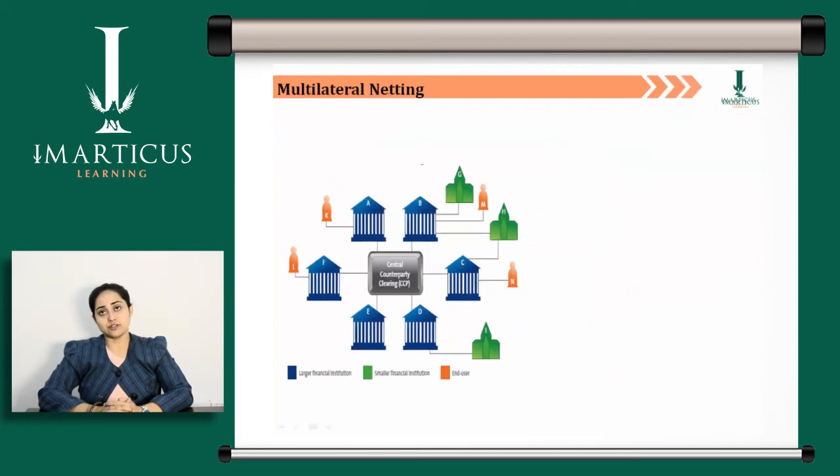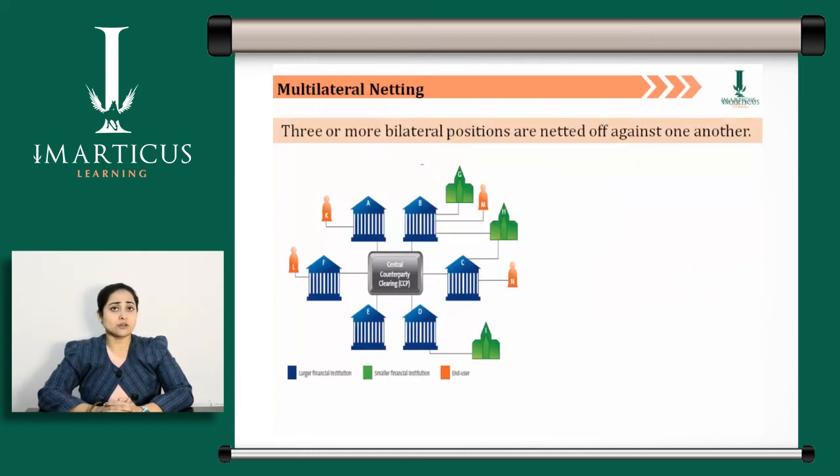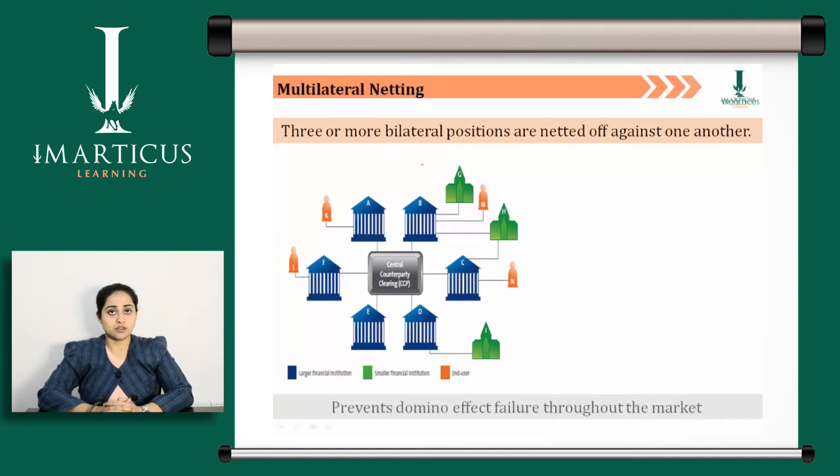Coming to multilateral netting, a multilaterally netted settlement refers to the case where three or more bilateral positions are netted off against one another. It ensures that default of one transaction does not cause a domino effect failure throughout the market. Multilateral netting extends the netting to cover all trades in the same security by any number of counterparties.